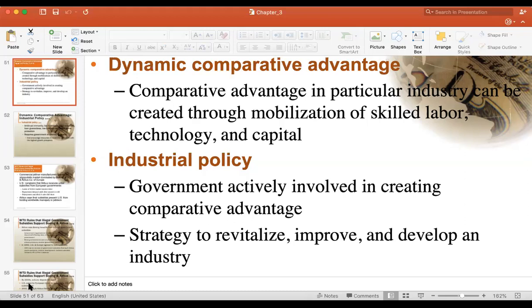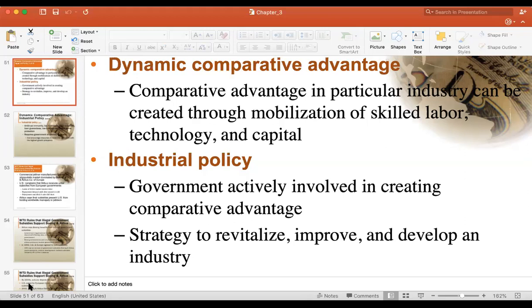It ignores the fact that additional resources can actually be available through either trade or through industrial policy. And I will explain what industrial policy is in just a minute. But we can actually make more resources available. We can actually, as a result, create what we call competitive advantage.